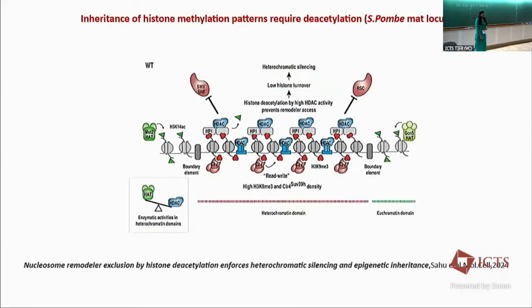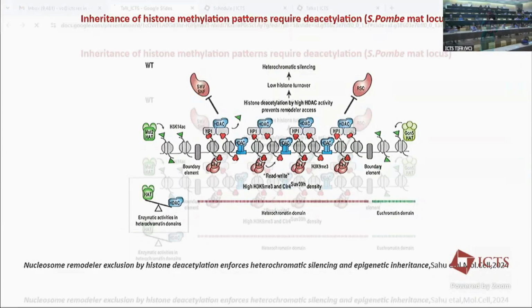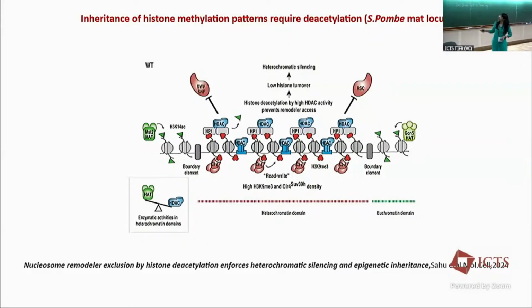Based on the recent experiment done by Grewal's lab, the picture shows what they suggest. Each sphere here is the histone protein wrapped by DNA, forming nucleosomes, and each nucleosome has the acetyl mark represented by the green triangles. These green triangles are removed by enzymes called histone deacetylase.